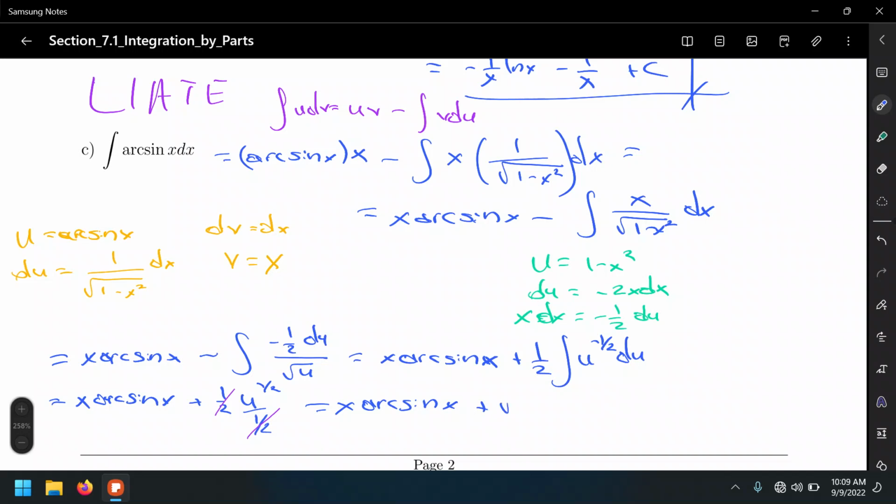And we can also back substitute for u, which in this case is 1 minus x squared, plus c. All right? Any questions? I see some of you are a bit hesitant about any of the steps.